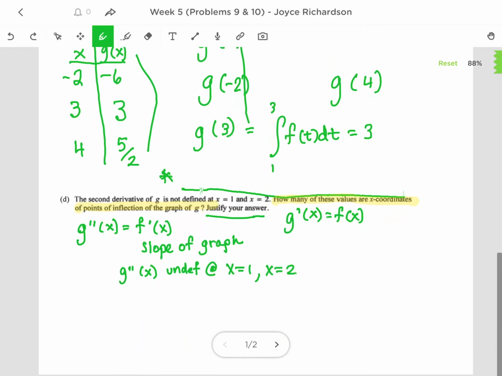So at x equals 2, there is no point of inflection. And it can't just be that you have negative second derivatives on the interval before and after 2. You have to talk about the fact that g double prime of x does not change signs at x equals 2.